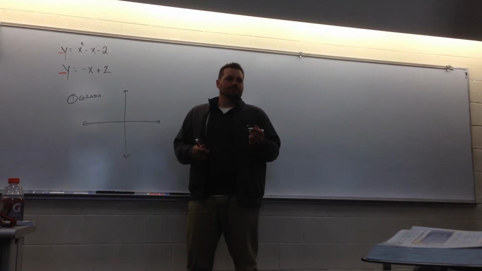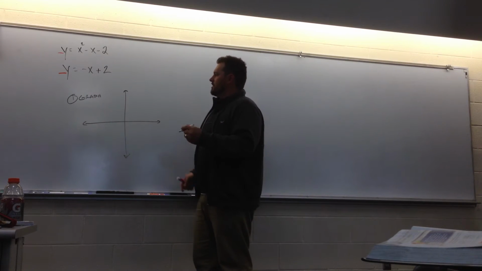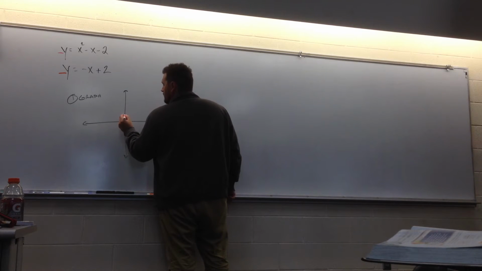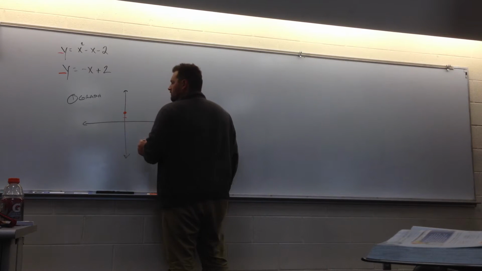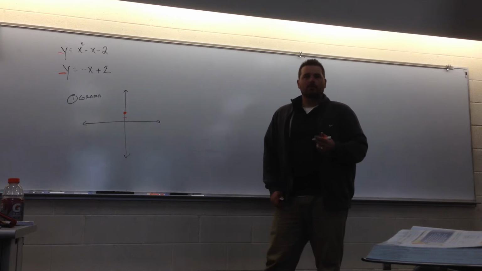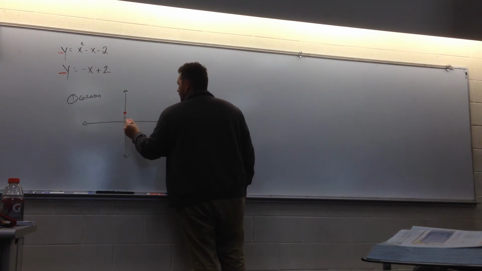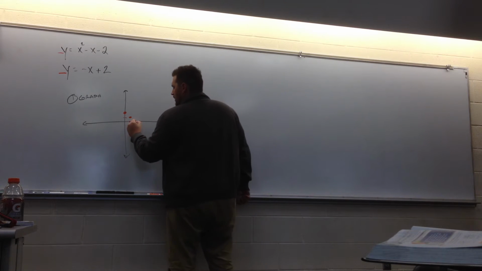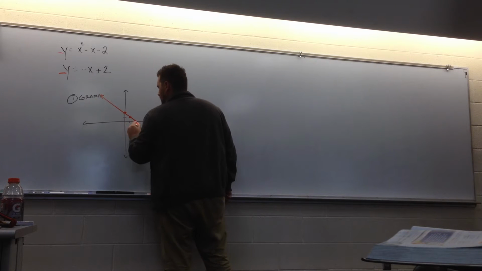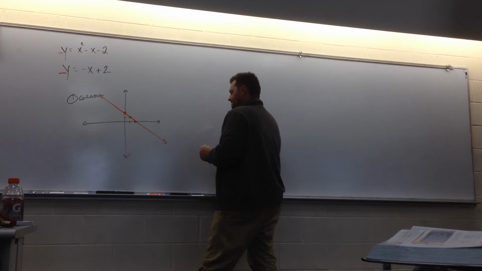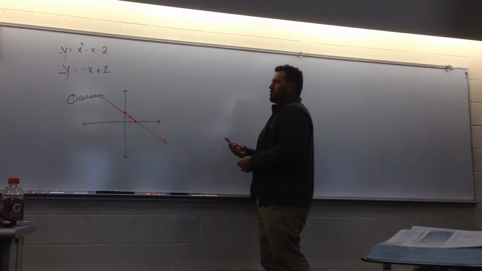The plus 2 means I go up 2 on the y-axis, put a dot, and then I use my slope from there to find my next point, right? My slope is negative 1, so I go down 1, over 1, down 1, over 1. And then I can go ahead and draw my line. How do we graph a parabola?